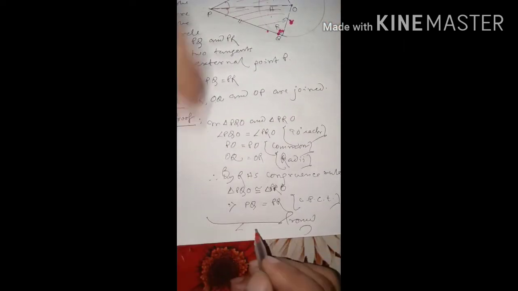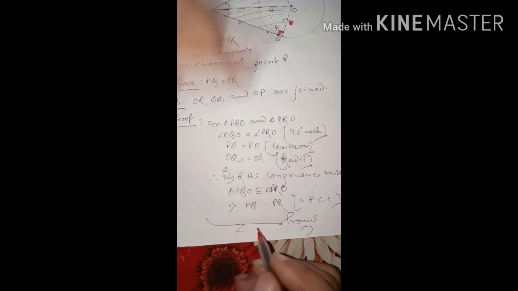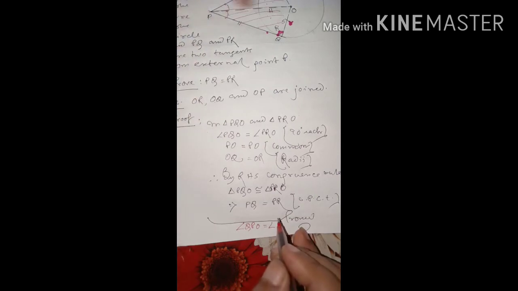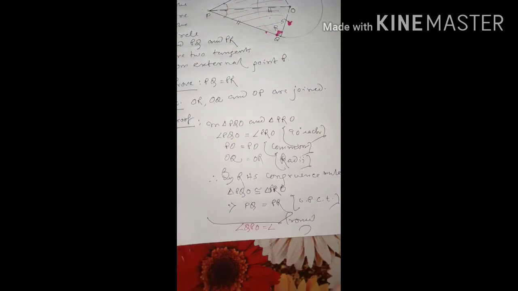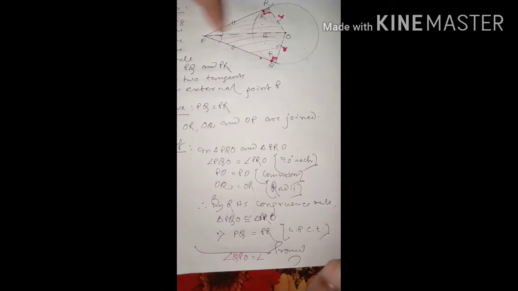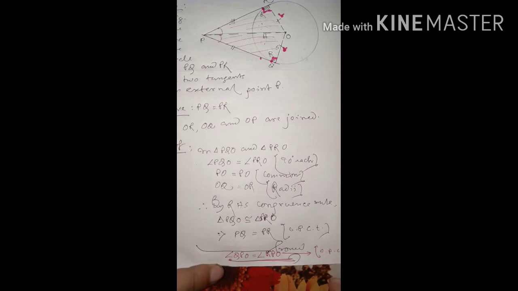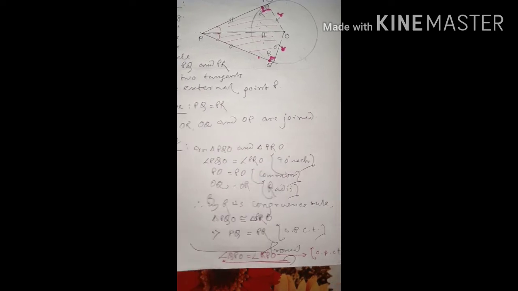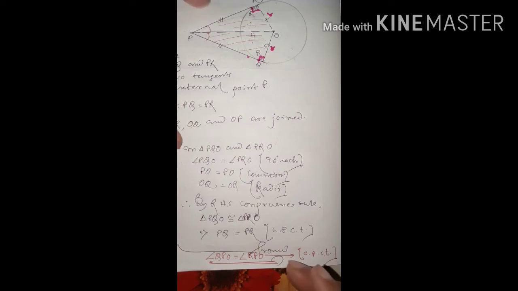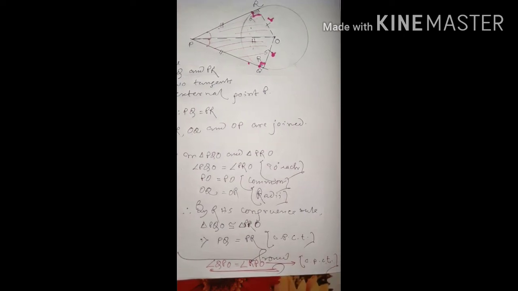So if you add one more line, angle QPO is equal to angle RPO. You understand? This is RPO. So angle QPO is equal to angle RPO, by CPCT, corresponding angles of congruent triangles. So here itself the proof is over, but I have given it as a separate statement.